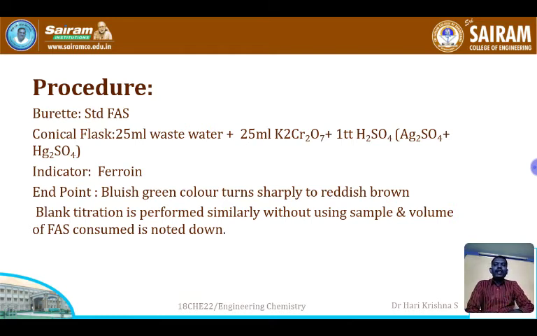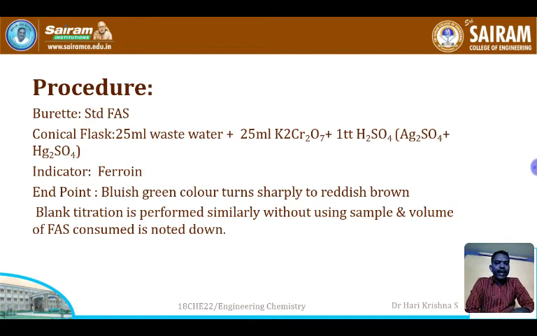In the conical flask, 25 ml of wastewater is taken. To that, we add 25 ml of K2Cr2O7. In the laboratory I cannot supply oxygen directly, so to find out how much oxygen is required, I add a strong oxidizing agent such as potassium dichromate. Then I add 1 test tube of sulfuric acid, which is a mixture of silver sulfate and mercuric sulfate.